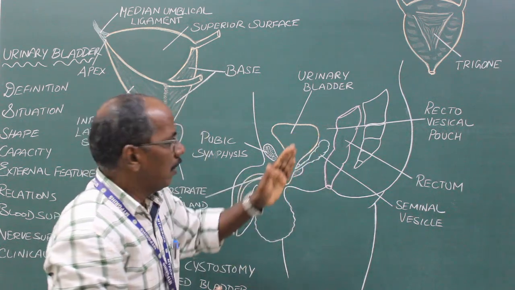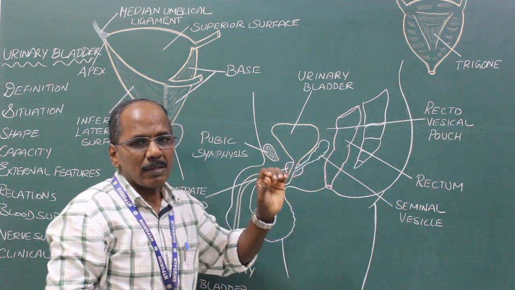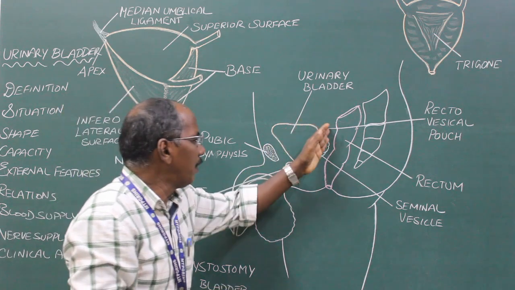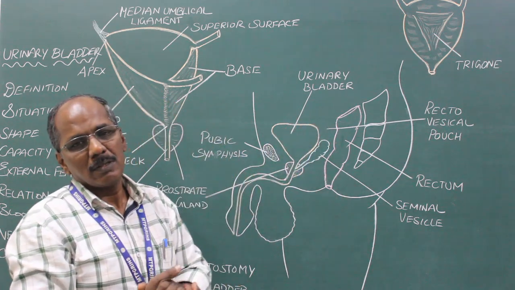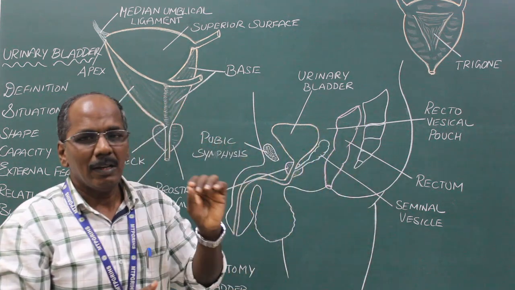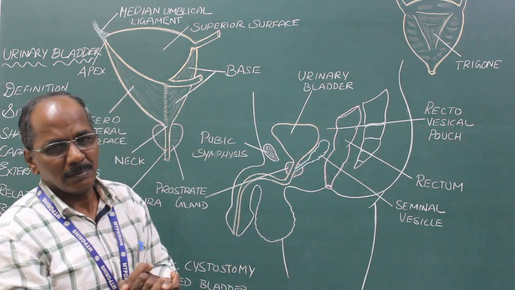The uterus is separated from the urinary bladder by a gap known as the uterovesical pouch. So in case of male it is rectovesical pouch, in case of female it is uterovesical pouch.